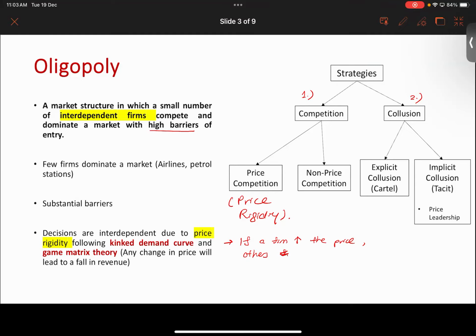Other firms will not follow. Why? Because if you increase the prices but others do not follow, consumers will go to other firms, right? Because the price is lower, right? So if a firm increases the prices, others will not follow, to avoid losing customers.